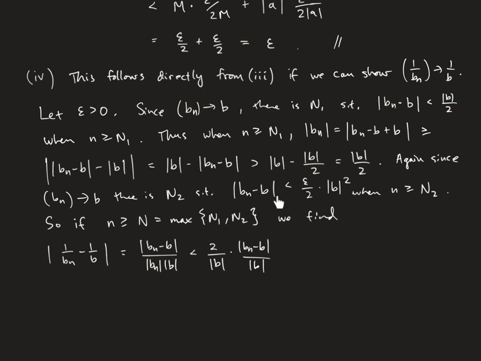And then we can replace this with that. So this is strictly less than 2 over the absolute value of b squared times epsilon over 2 times the absolute value of b squared, and the cancellations there just give you epsilon. So we indeed have made this difference arbitrarily small, and so the proof is complete.